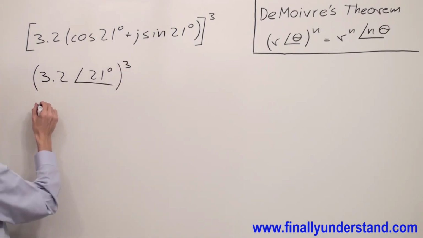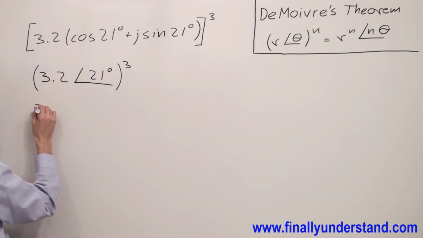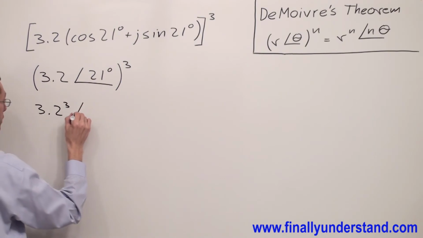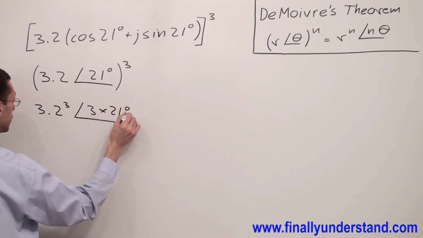So again, I'm supposed to use the theorem, and I have 3.2 raised to the third power and 3 times 21 degrees.